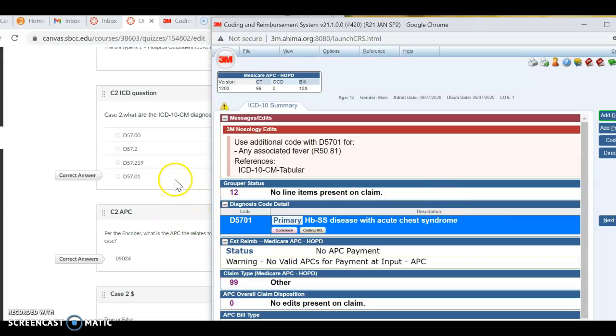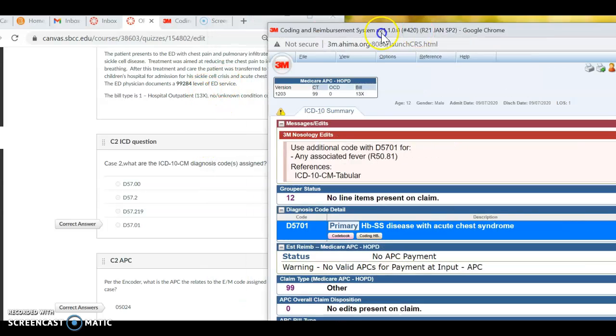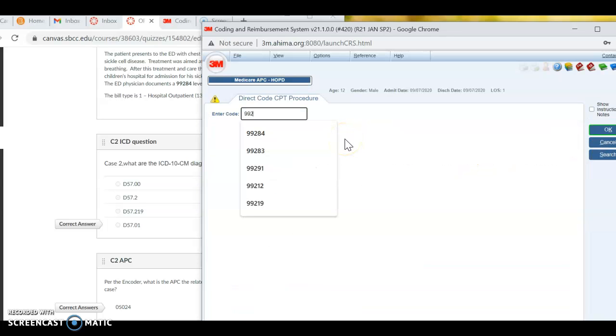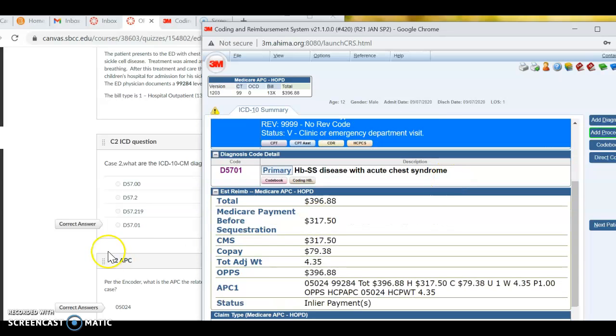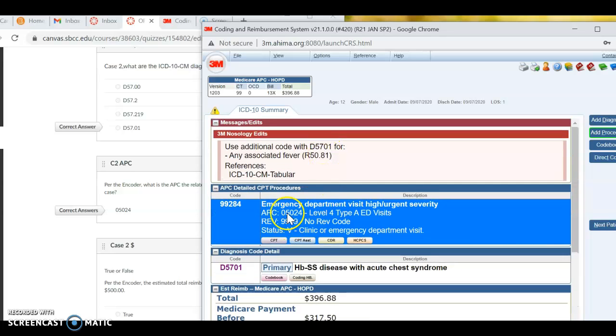My APC, I need to go ahead and get in my emergency visit here, which is a 99284. All right, so with this, now that I have that all in, my APC is 05024.